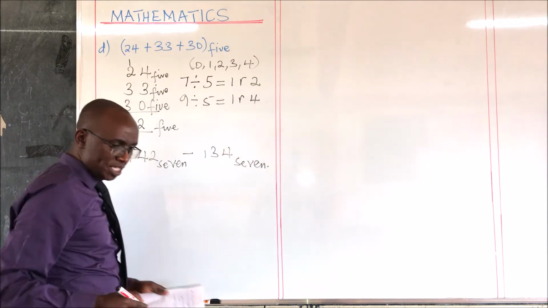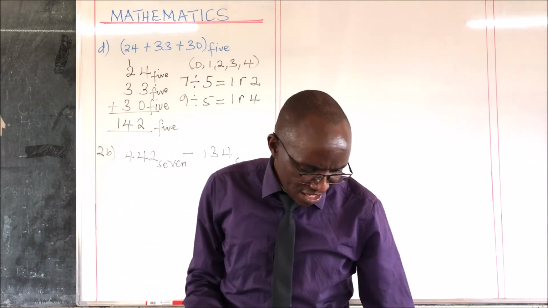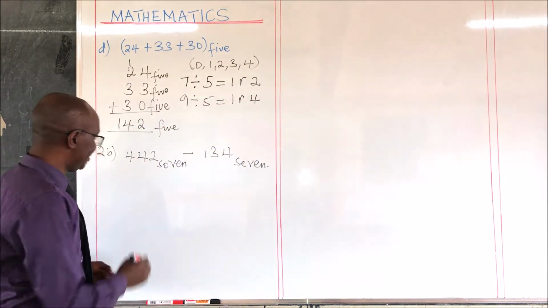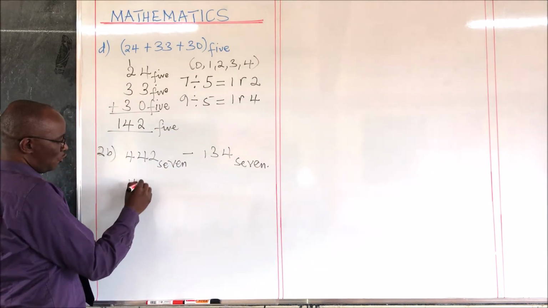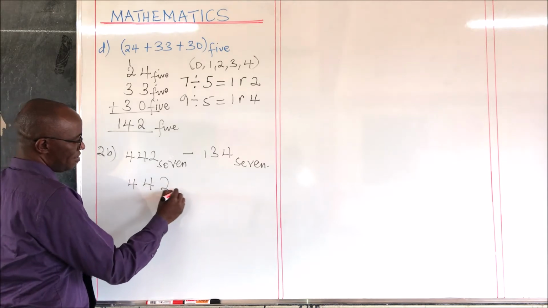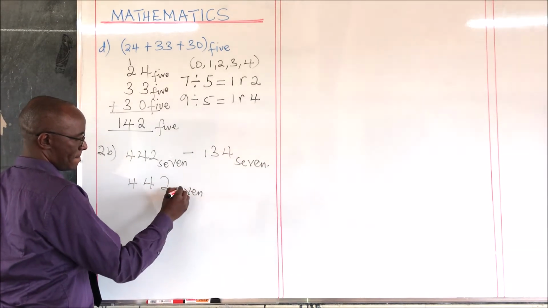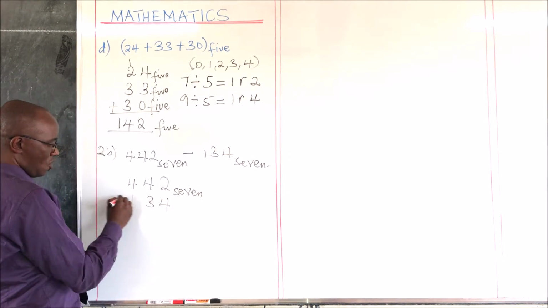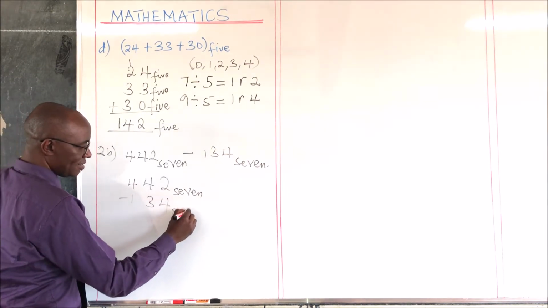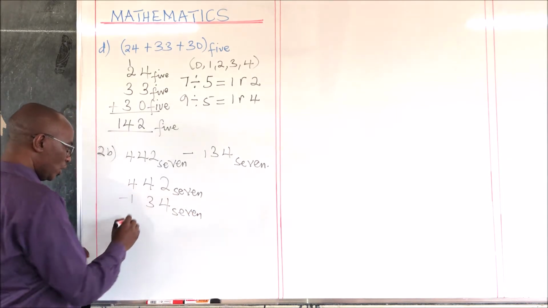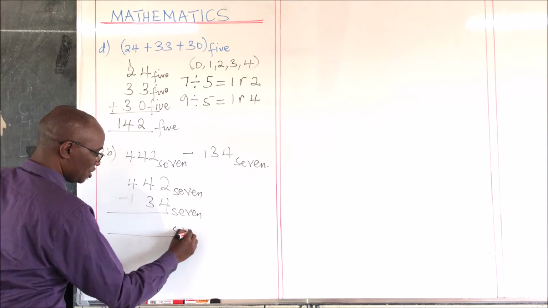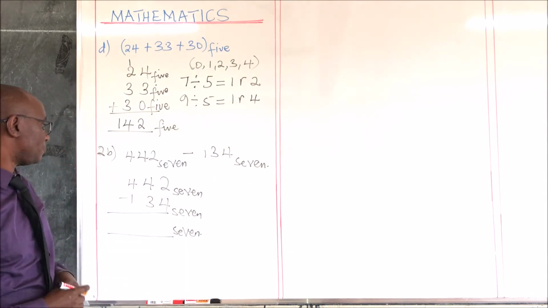So for those who missed the lesson, you can still understand. For those who never understood, as I explained, now we arrange vertically. So this is going to be 442 base 7 minus 134, the base is 7. So we are now looking at subtraction in base system.